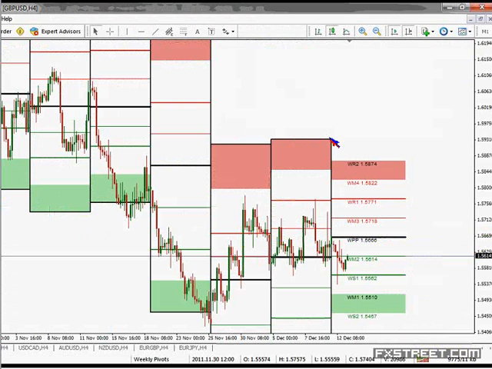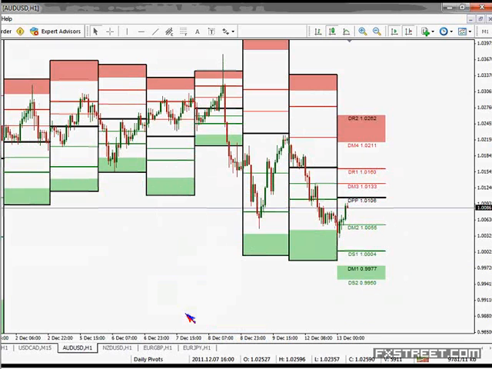I'm just going to look. See, what I believe, when you get compression, let's just check quickly on the daily pivots. We might get more of an idea.